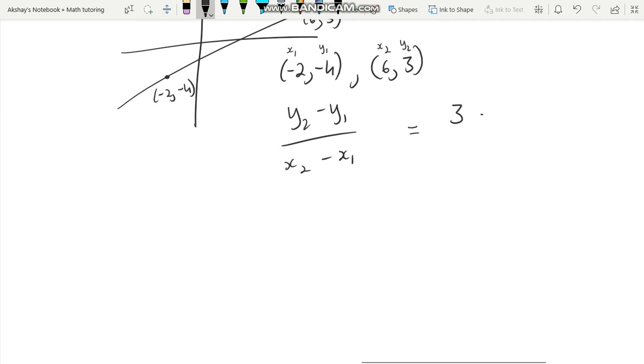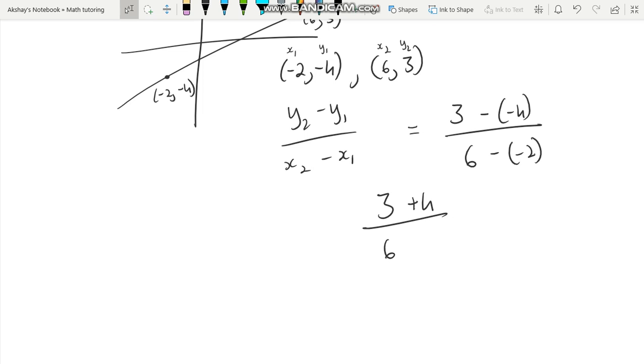I have y1, which is negative 4. I have x2, which is 6, and I have x1, which is negative 2. Simplifying this, I have 3 plus 4 divided by 6. Negative times negative 2 gives me positive 2, hence I have 7 divided by 8. My slope of my function is 7 divided by 8.